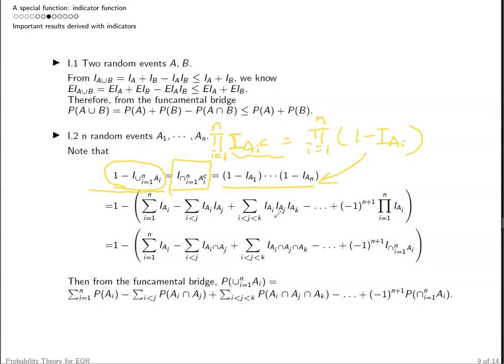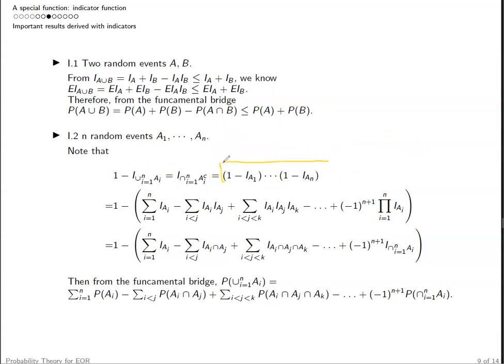The next thing is just some simple algebra. Let's expand these equations. Well, we know it can be written in this format. And we know the product of indicator functions can be written as the indicator function of the joint set, right?